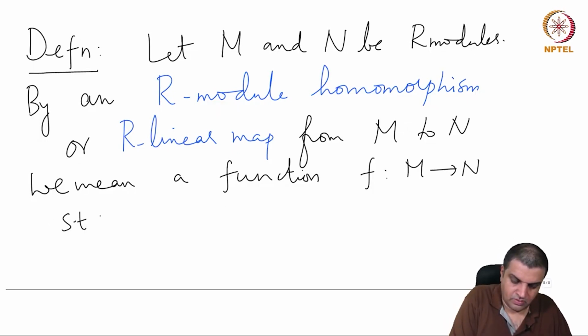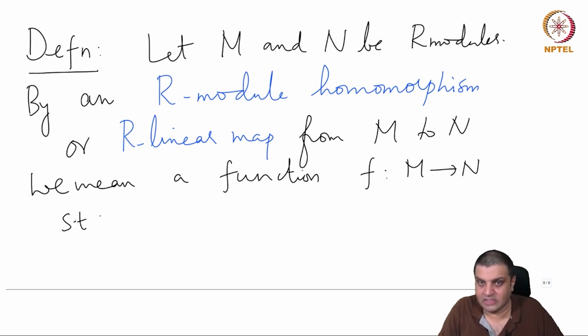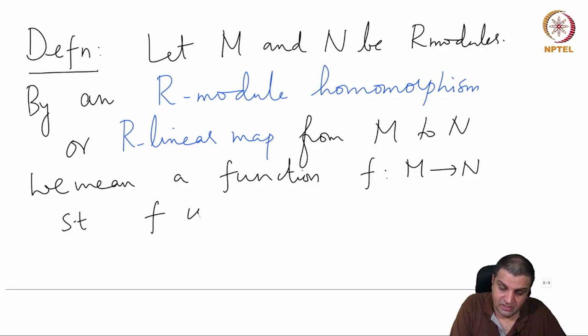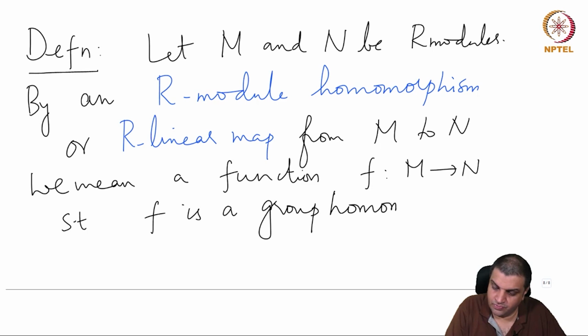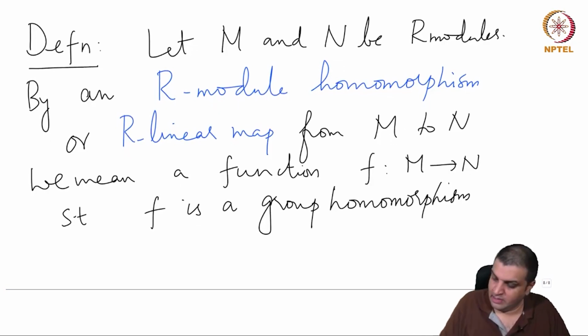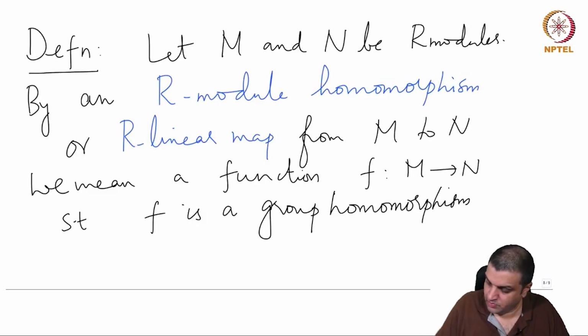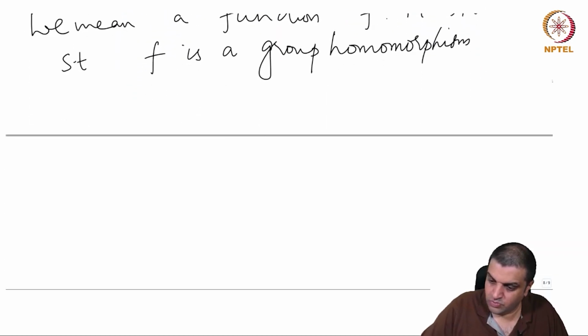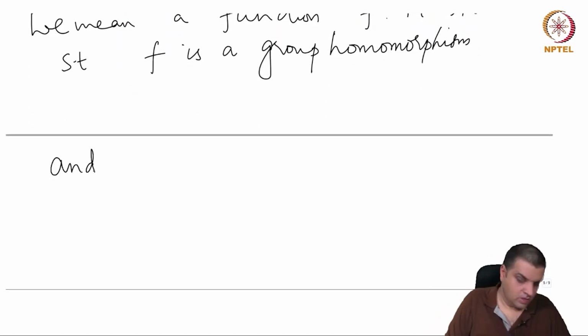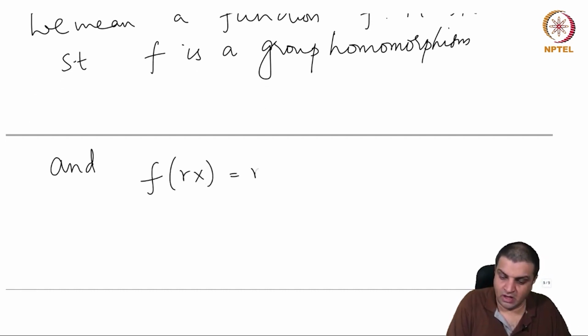such that, M and N are not just sets, they have an extra structure. So first of all, they have an underlying structure of abelian groups such that f is a group homomorphism. And f of r times x is r times f of x.